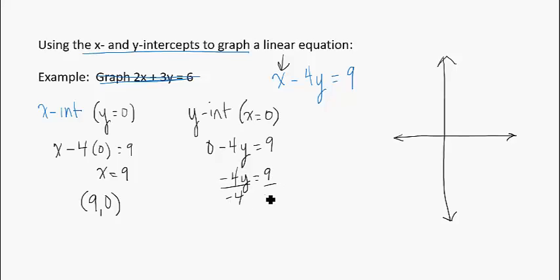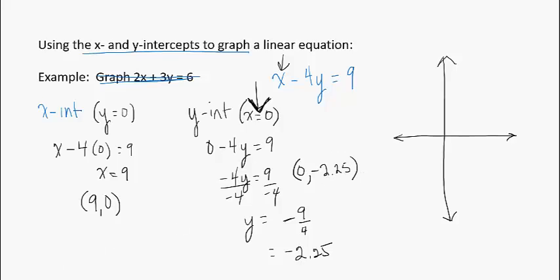Divide both sides by negative 4, and y is going to be negative 9 over 4, which we can rewrite as negative 2.25, or negative 2 and a fourth. Okay, so let's write that as an ordered pair. Remember, in that ordered pair, x was 0 and y was negative 2.25.